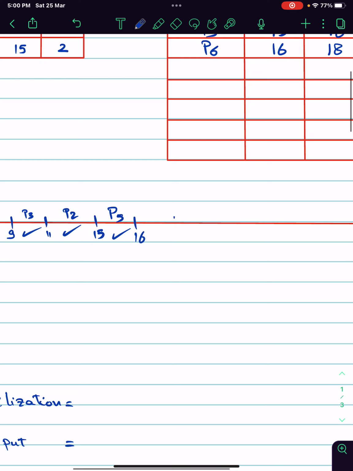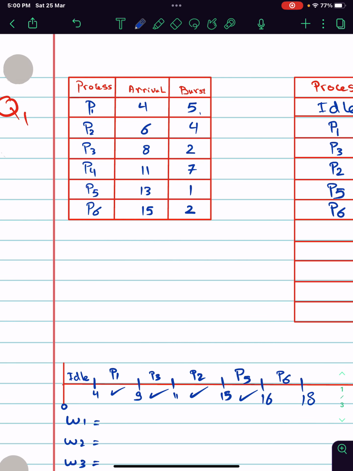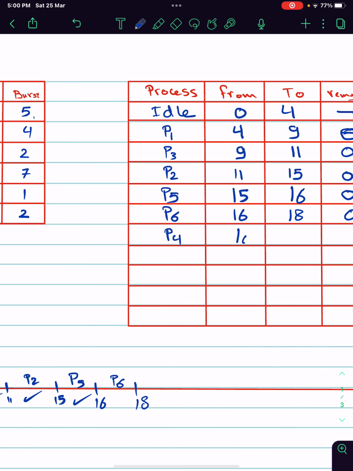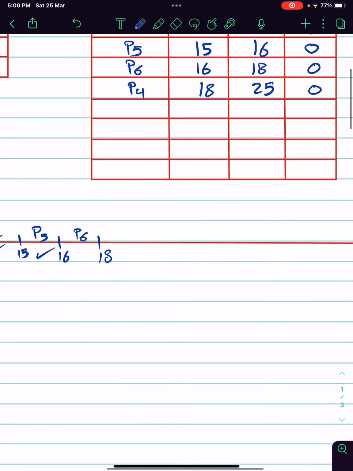So this is going to be from 16 all the way to 18, that's P6, and then the final one is going to be P4, which is going to start at time 18 all the way to 25 because it has a burst of 7, and here's a 0, so this is going to be at 25. P4, and P4 is done.